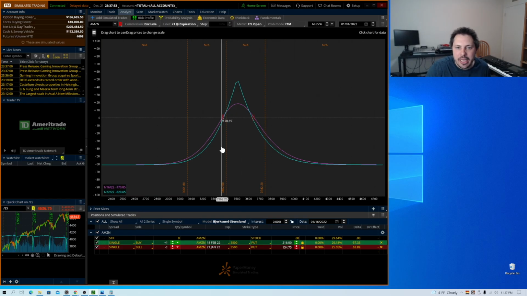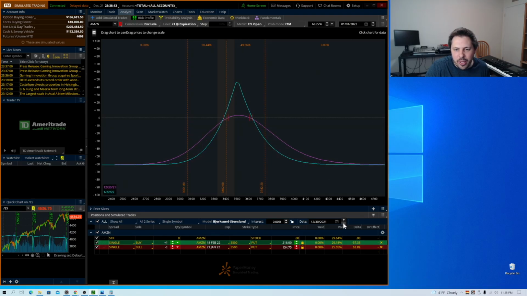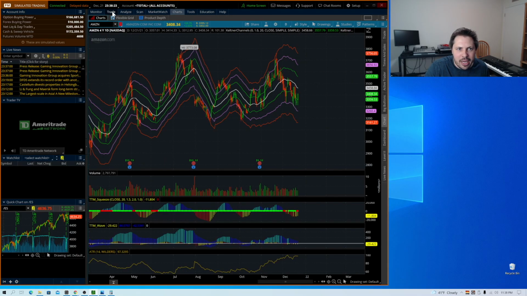So think about that. As this market moves up, the back and the front option are going to be losing value, but in this payout here, we're actually making money. So if we come back here to where we are today, which is the 21st, imagine Amazon starts going back up.